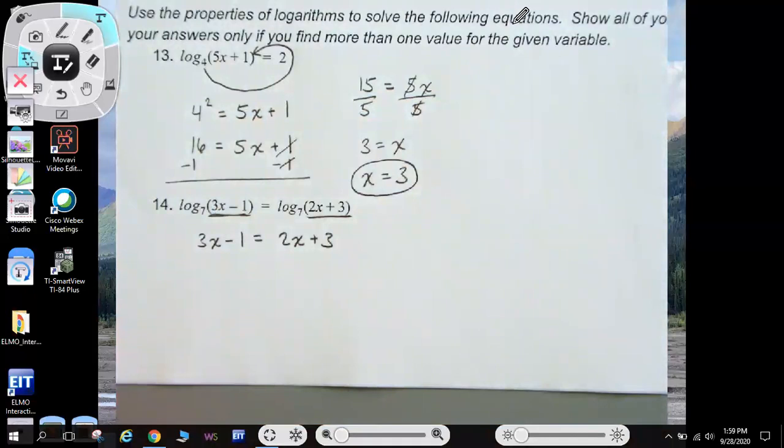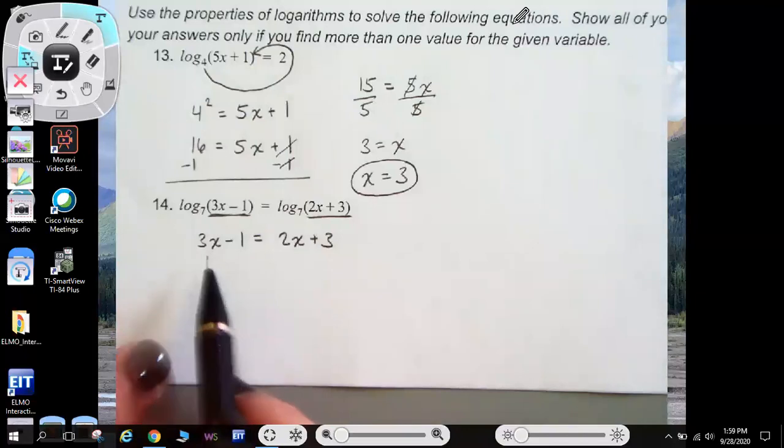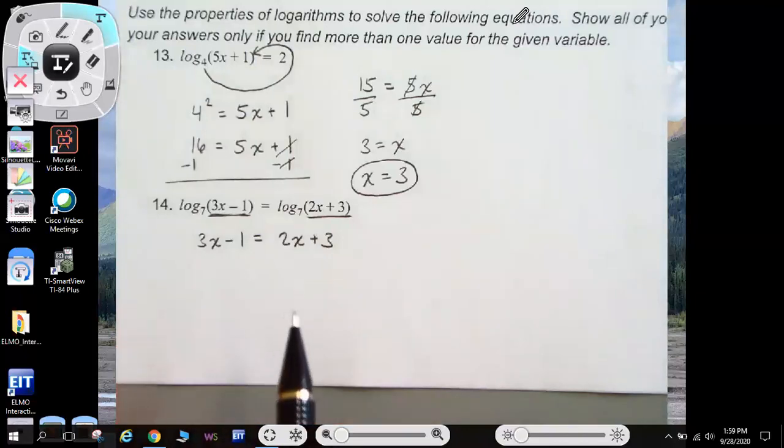Okay, so again, we don't have an x squared. We're not trying to get everything to one side and then factor. Instead, we want to get all of the x's to one side and everything else to the other side. It doesn't matter which one of these you move. I just like to think ahead and keep the coefficient on the x positive.